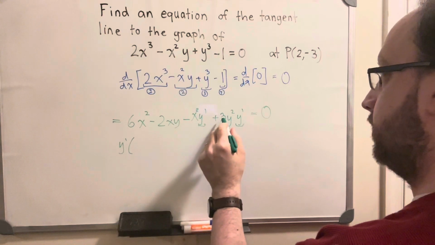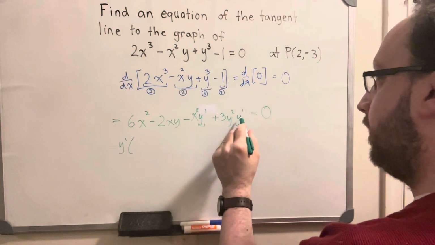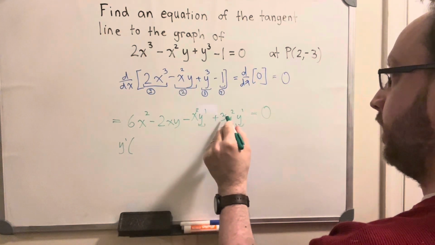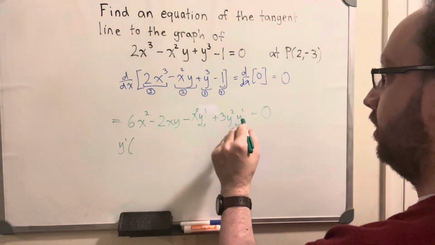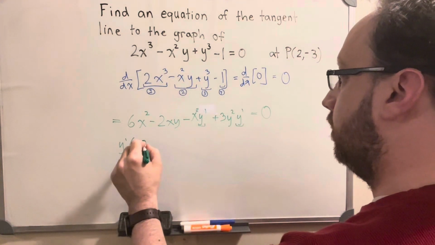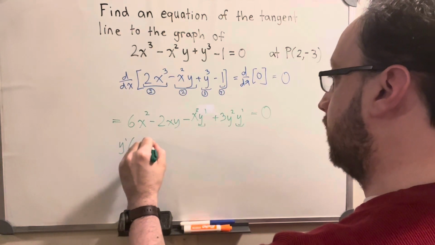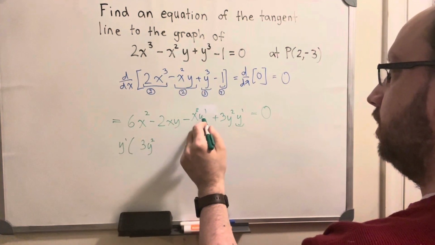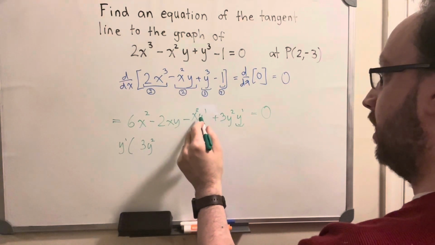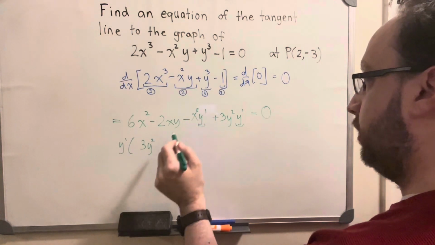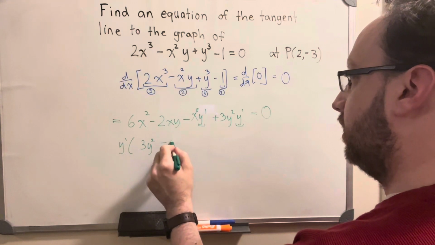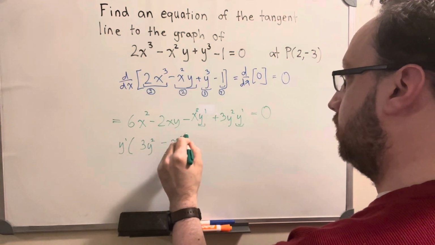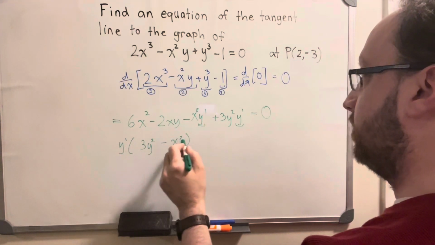Let's do this one first since it's positive. If we factor a y prime out of 3y squared y prime, we have 3y squared. Now, the only other term that has a y prime is this. So we do minus x squared. So y prime times these.